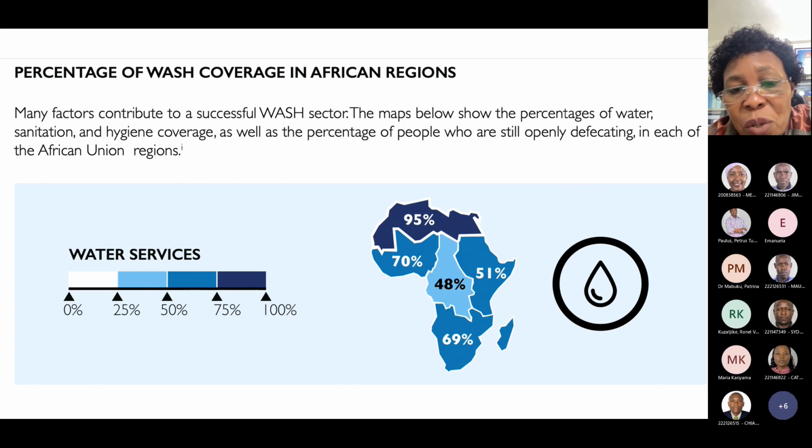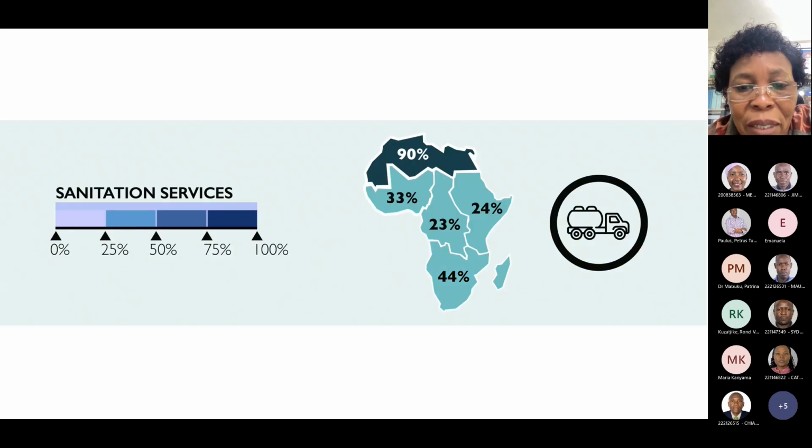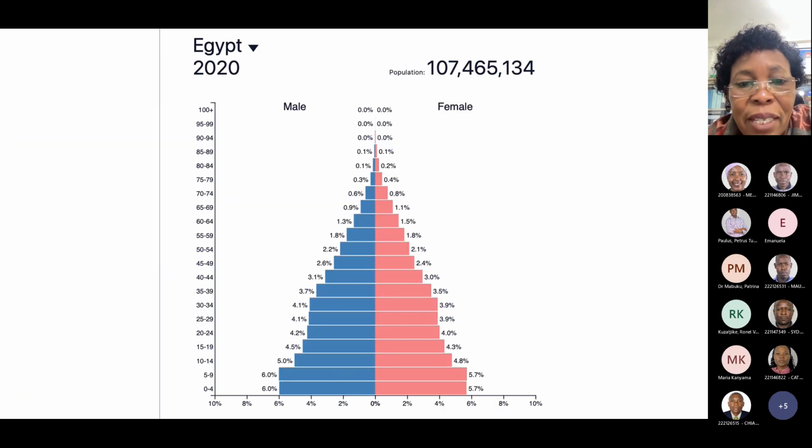So what Ronel took us to, what we call population pyramids. Can we now go to that pyramid, please? Yes. I took an example of Egypt from countries of Northern Africa. Now, I want you to focus on the lowest bar, which indicates 0 to 4.